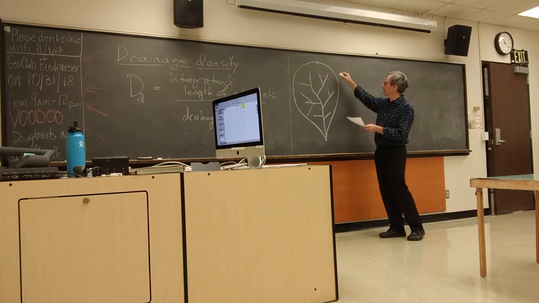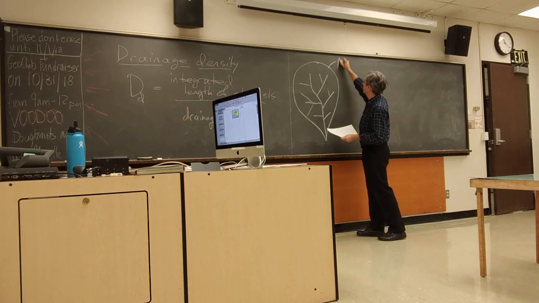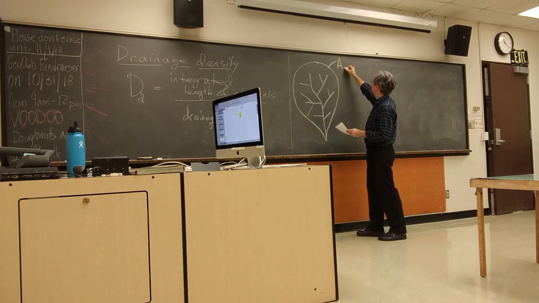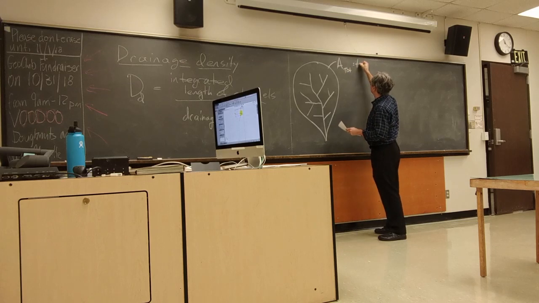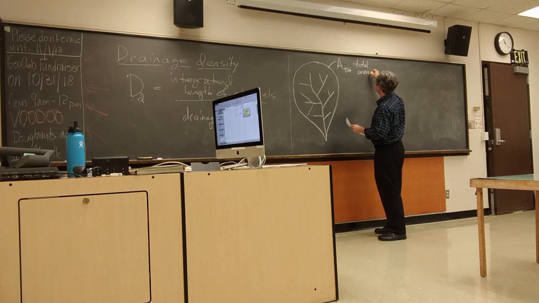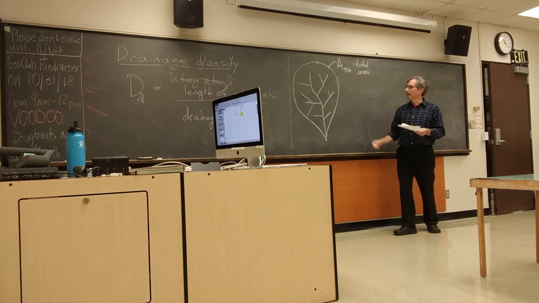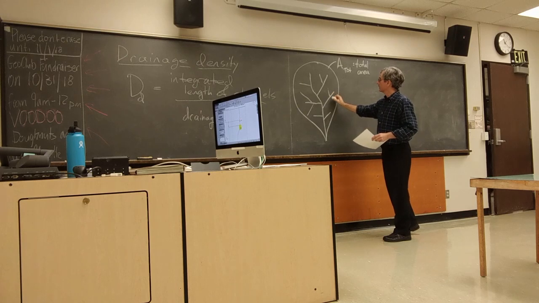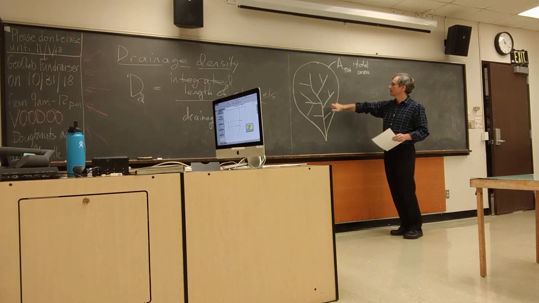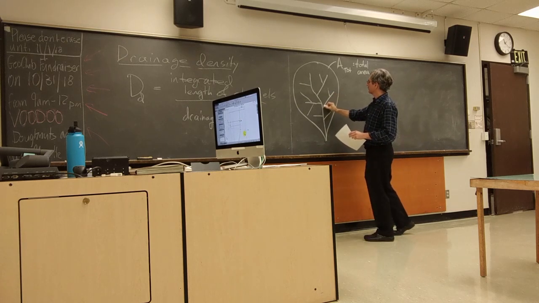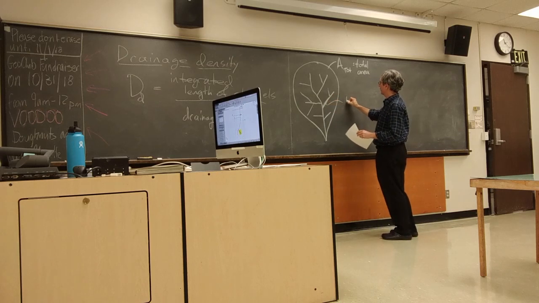I can define, so if this whole thing has a total drainage basin area, and then we can say, well, let's take this here, we'll call that a so-called interior length.